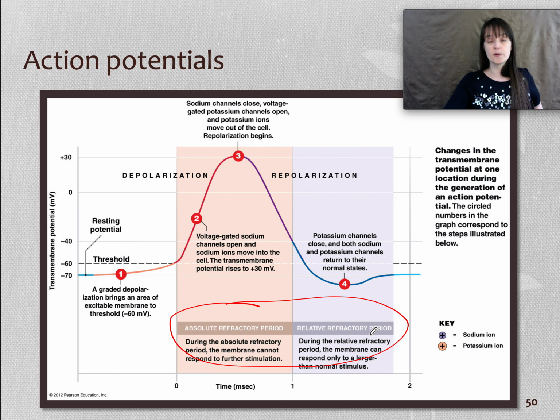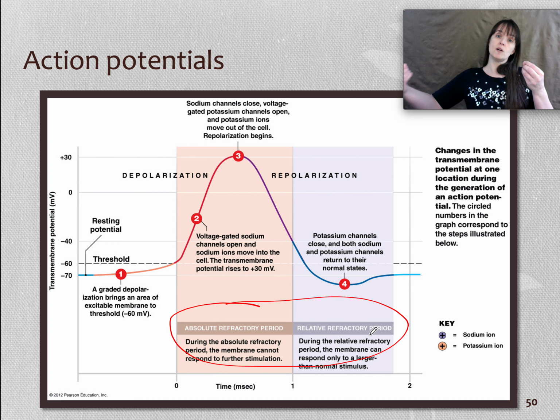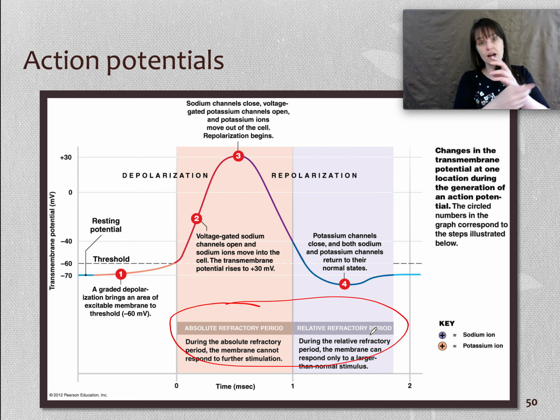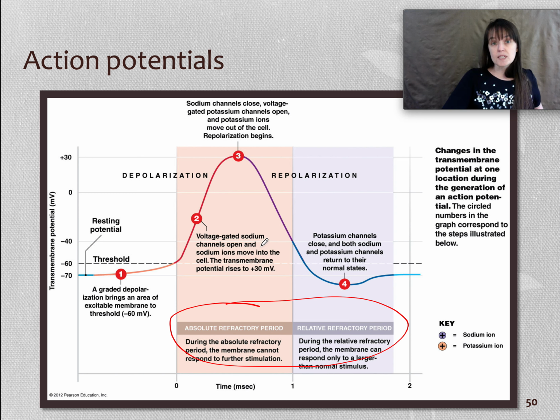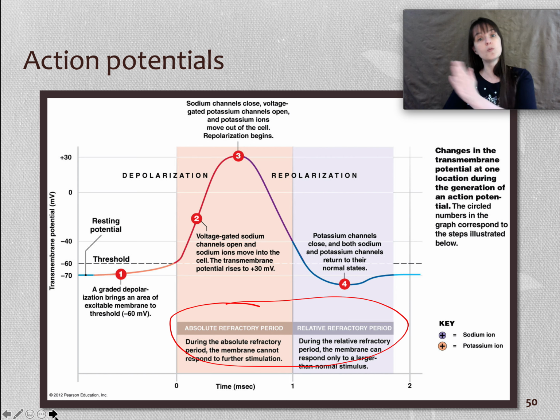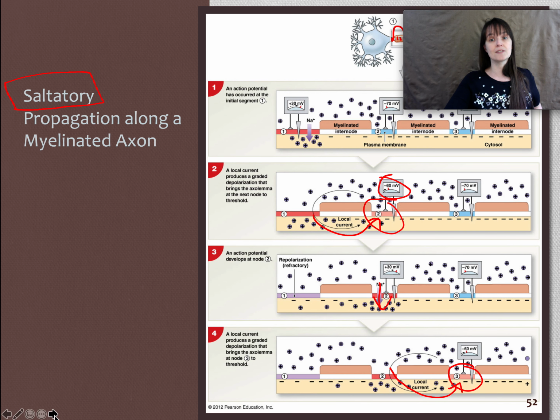The absolute refractory period and the relative refractory period are an essential part of the physiology here, because they keep the message moving in one direction. Even though those sodium ions diffuse backwards, because they just diffuse out in all directions, the previous segment is still in its refractory period. And so that's how we keep the message moving forward down the length of the axon to the axolemma.